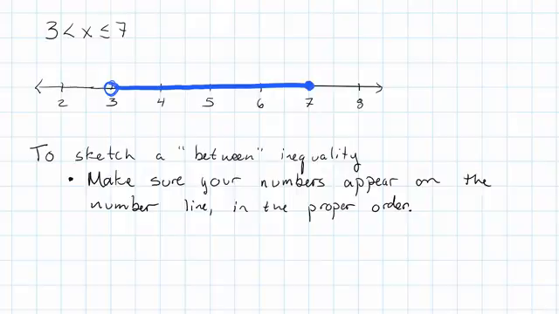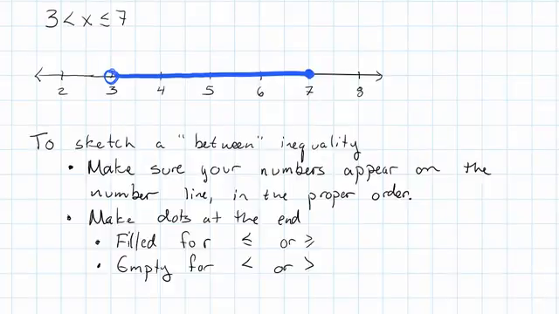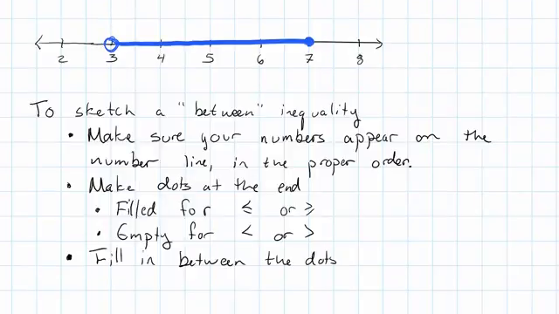Then, we make dots at the ends, filled in dots for less than or equal to, or for greater than or equal to, empty dots for less than or greater than. And finally, fill in between the dots.